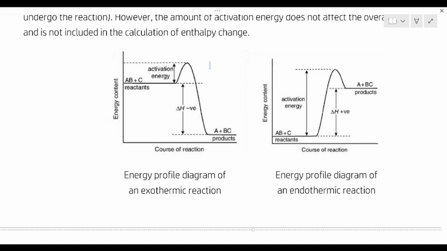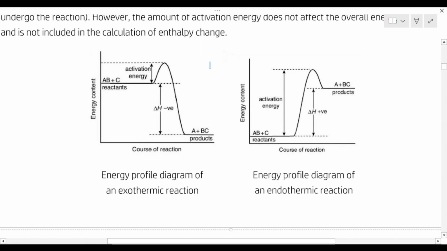For an endothermic reaction on the right, the enthalpy of the products is greater than the reactants. So that difference in the line is going to be your positive delta H. Your activation energy is a line that moves from the reactants line to the very peak of the graph. However, you're not going to include that bit of activation energy in the delta H calculation.